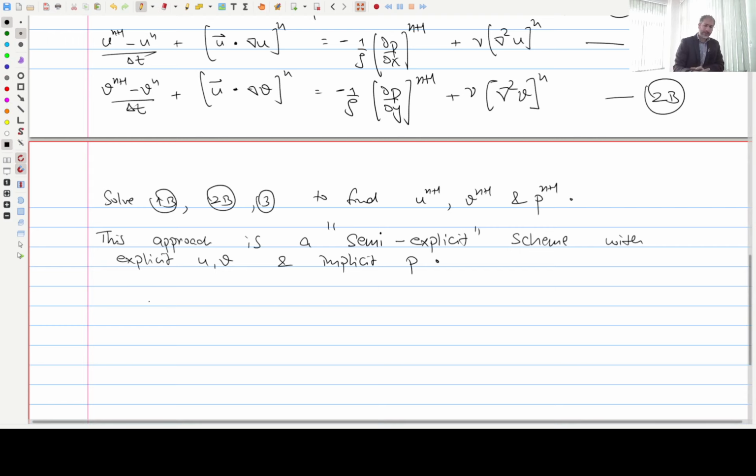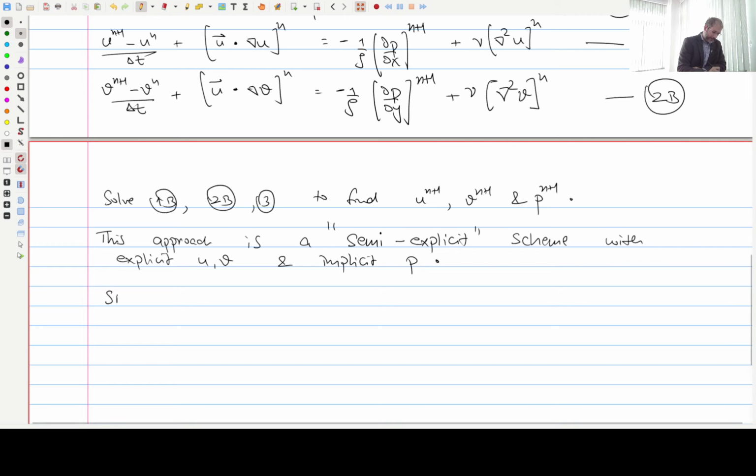So I'm not writing the equations again. So this is 1b, 2b and 3. So this is the system that we are going to solve with this algorithm that we are proposing. This algorithm has a name in literature. It's called SMAC.